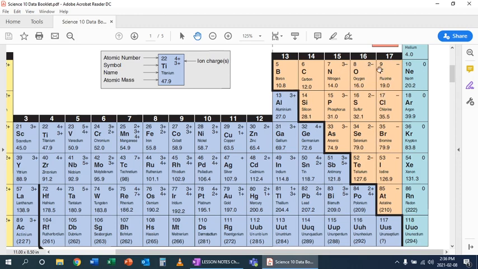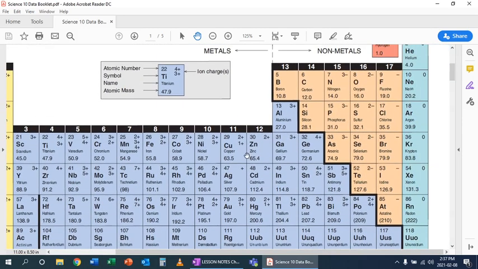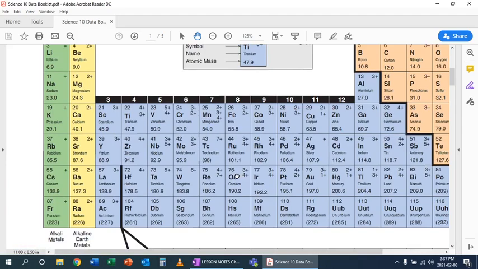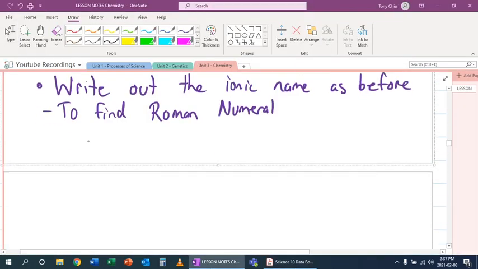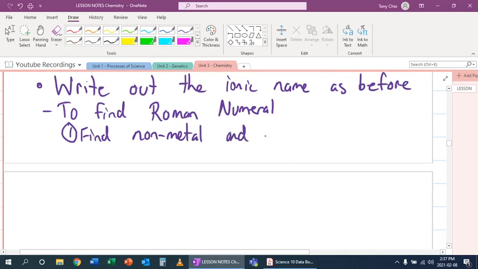So we're going to use the nonmetals here to find the charge of our metal. How? Well, we know that between the metal and nonmetal, it is neutral. And if it's neutral, it means whatever your negative charge here is must equal your positive charge. So we're going to use a bit of math. To find the Roman numeral, our first step is to find the nonmetal and its charge.